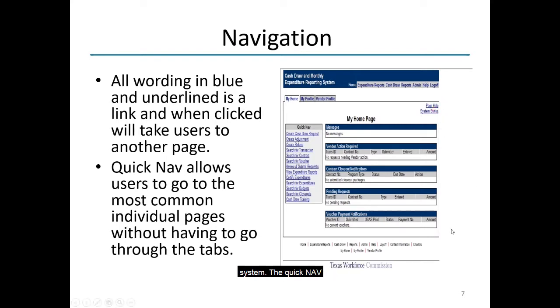The quick nav section on the left-hand side of the home page is very handy to get you to various pages within the system in a quick way if you're wanting to initiate a cash draw or certify an expenditure or various other things. It's a nice tool to be able to do that without navigating through the various tabs.